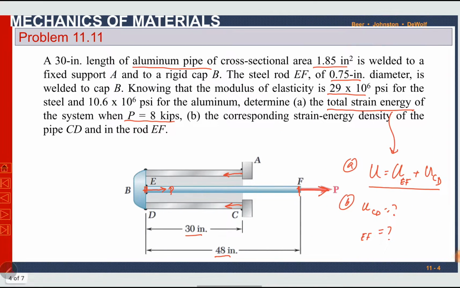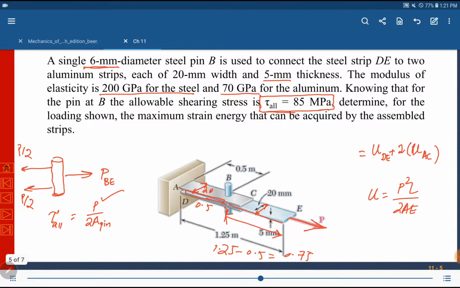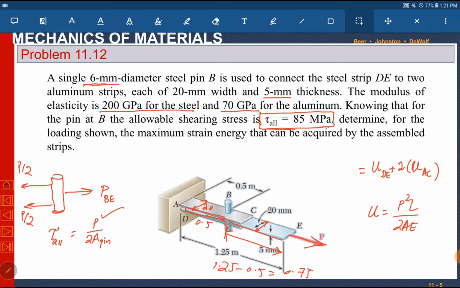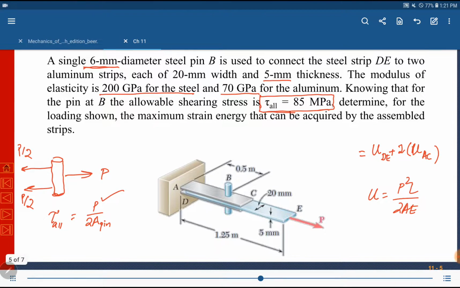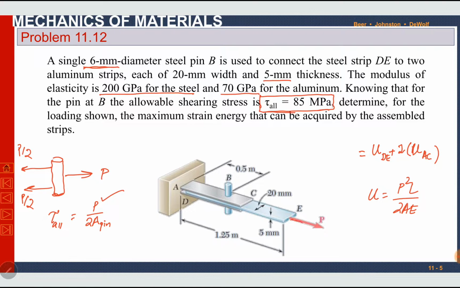For AC, I will make it clear here. This direction is PBE. Here the pin is resisted by PAB and PDB.